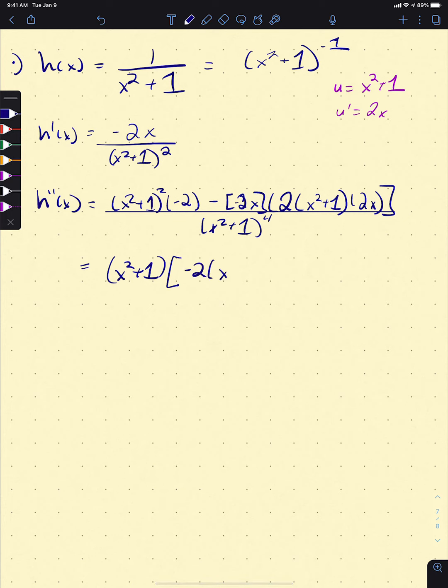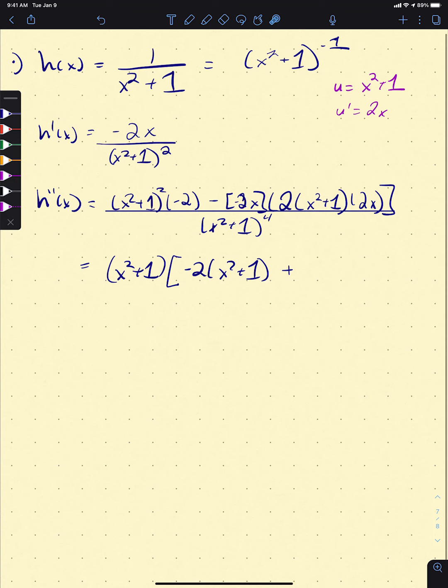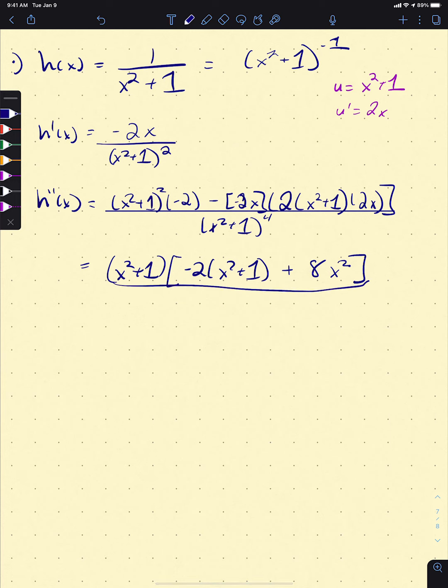Well, we're left with minus 2 times x squared plus 1 plus, well, this factor is gone, so we get negative 2 squared times a negative 1 times 2 times 2x. Looks like 8x squared, over x squared plus 1 to the fourth.